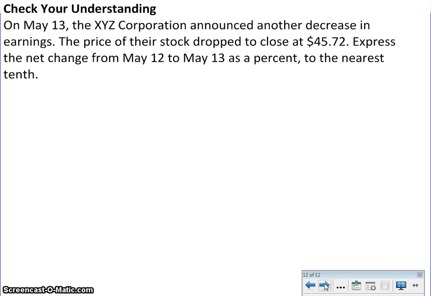Okay, on May 13th, the XYZ Corporation announced another decrease in earnings, and the price of their stock dropped to $45.72. Express the net change from the 12th to the 13th as a percent. So the 13th was 45.72.